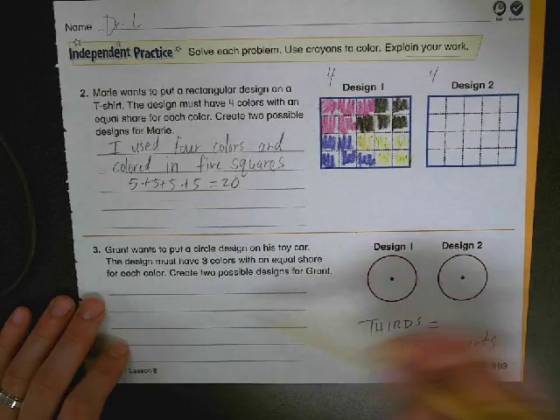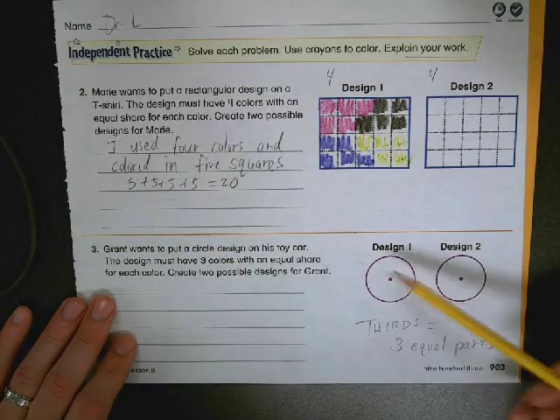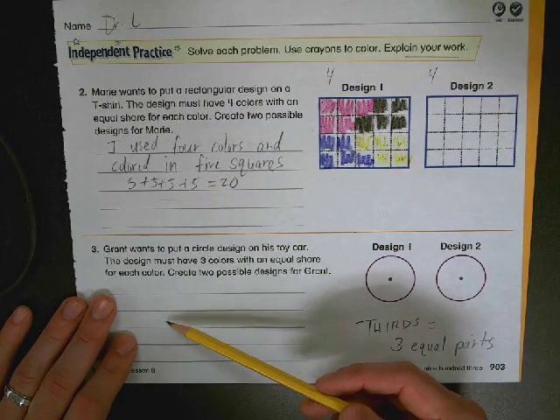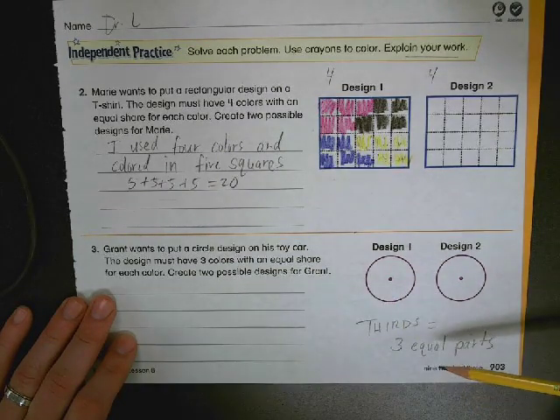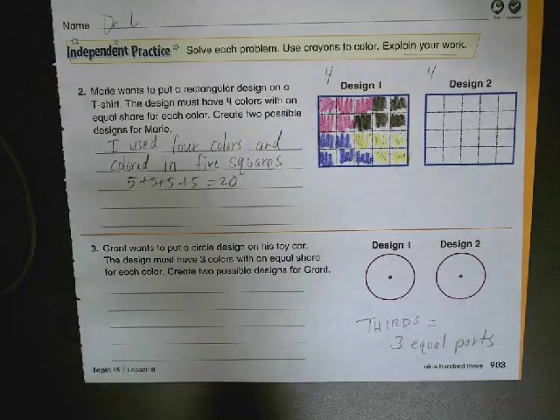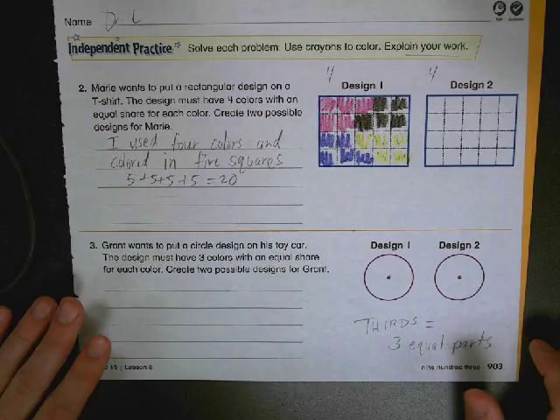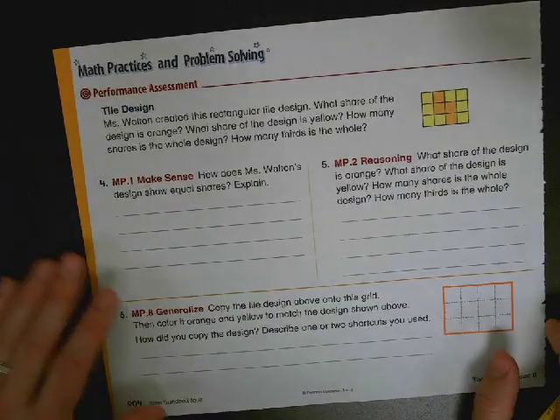Over here, how I explained it over here. I explained it, I used 3 colors with 3 equal parts and explain that down here. If you have to pause it, go ahead and pause it and design those 3 colors.